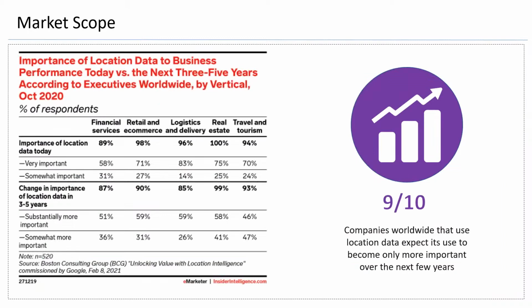Let's move on to understand the importance of locational intelligence. According to the executives worldwide, the locational component in business performance has been playing a major role in many business sectors like finance, retail, logistics, real estate, and tourism. Further, its importance is going to increase even more in the coming few years.